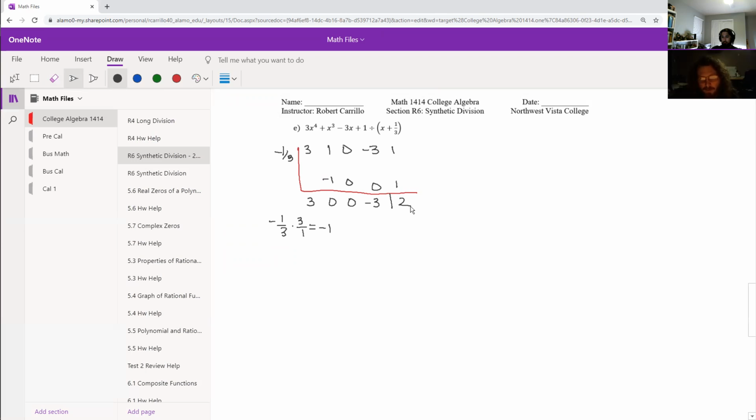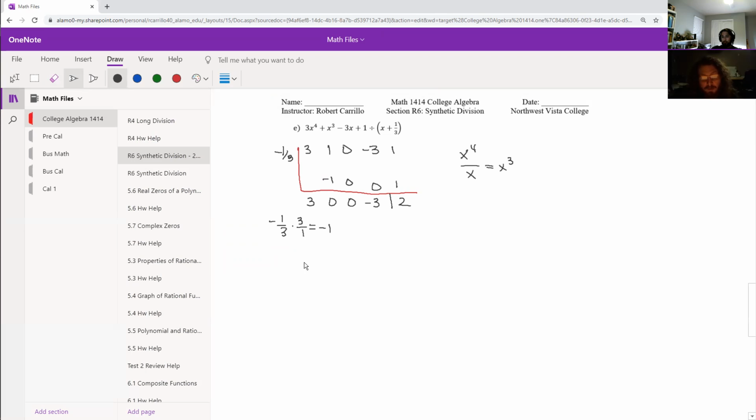We get a 2. So when we rewrite this, we have to remember to drop our power by 1 because we did x to the 4th divided by x. That's x cubed.